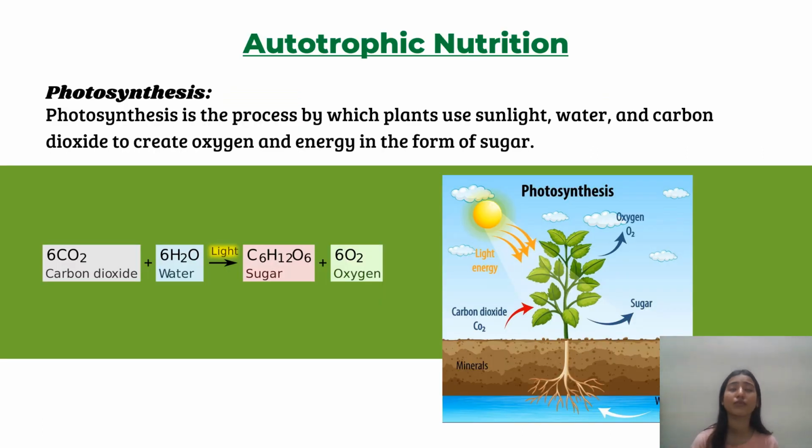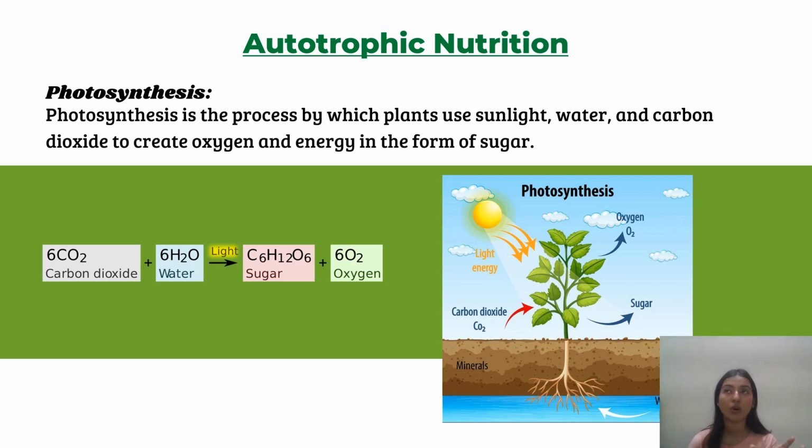First, let's talk about photosynthesis, which is a part of autotrophic nutrition. Photosynthesis is a process by which plants use sunlight, water, and carbon dioxide to create oxygen and energy in the form of sugar. If you see, there is a chemical equation given here in the slide. Carbon dioxide plus water in the presence of light and chlorophyll. Chlorophyll is very important for photosynthesis because it traps the sunlight.